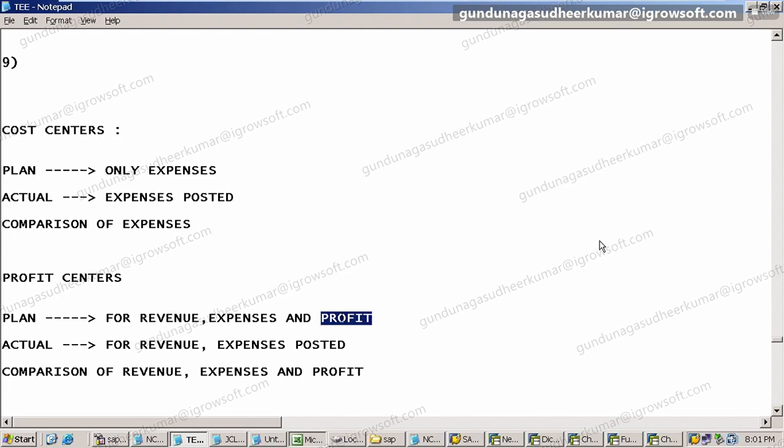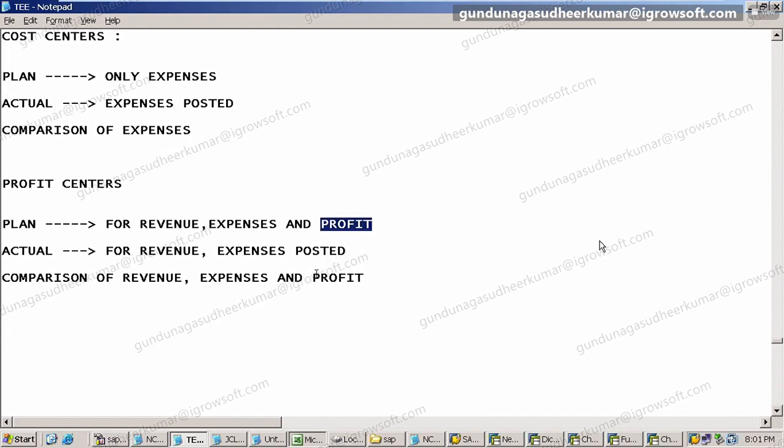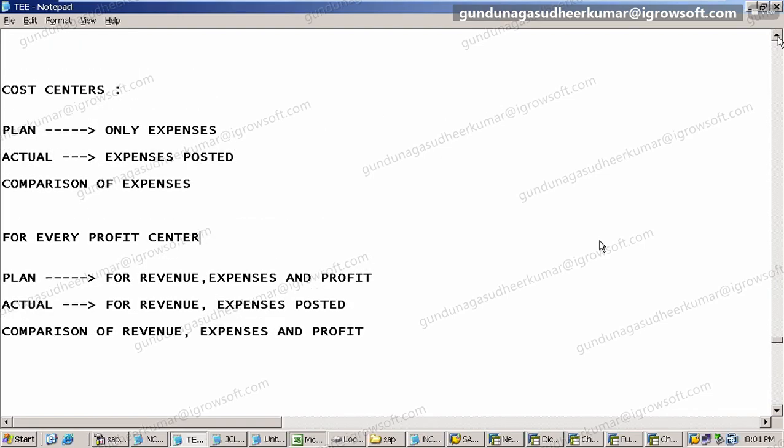So I can plan for every profit center, do actuals for every profit center, and comparison for every profit center. Profit center planning we will do tomorrow.